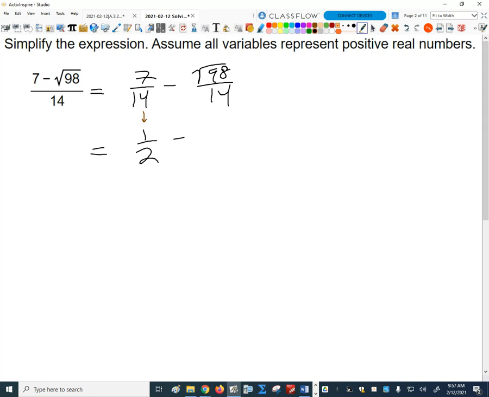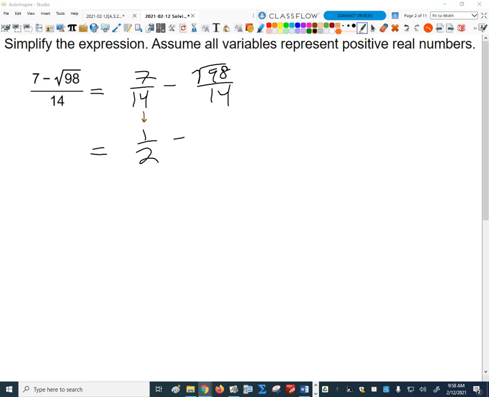We have to do the 98. Yeah, we got to simplify the square root, don't we?